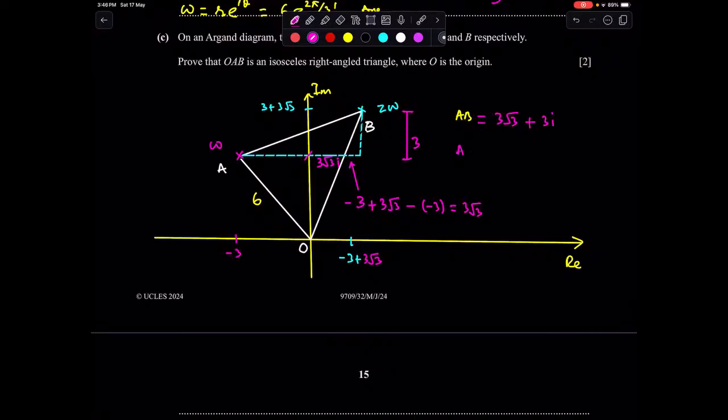Now get its length, AB modulus. So this square is 27 and 3 square is 9. So its length is 6. So this length is 6. So two lengths are the same, OA and AB. So this triangle is isosceles.